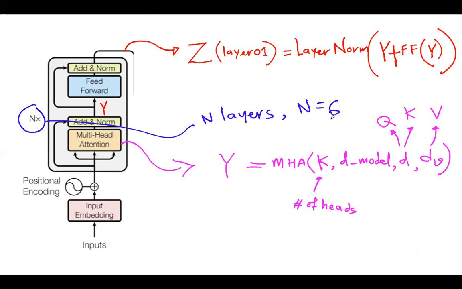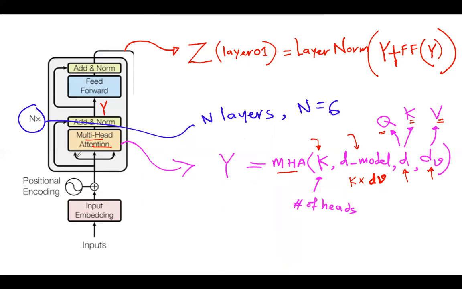And if we sum up the whole thing, the multi-head attention, we can imagine this is just a model that takes the following parameters. K is the number of heads you need to form this multi-head attention. D model, remember, was a parameter we defined, which was K times dV. D was the dimension of the Q matrix and the K matrix, and dV was the dimension of the V matrix.